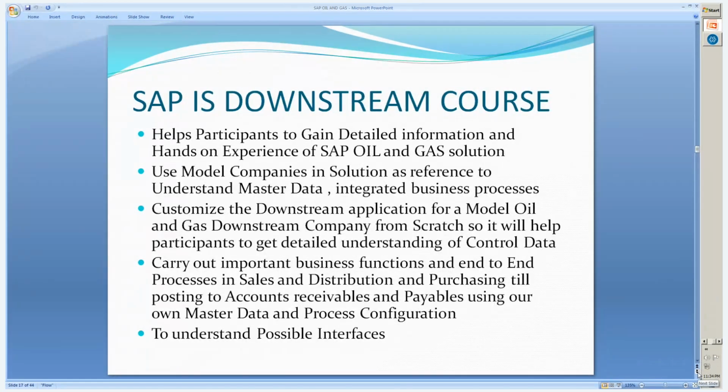Now, basically, what is the scope of learning in the SAP IS downstream course? A functional consultant aspiring to work as a functional consultant in oil and gas projects on the downstream side. This course is designed for those consultants.